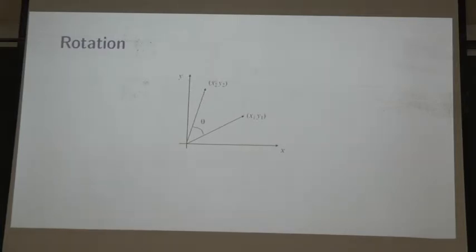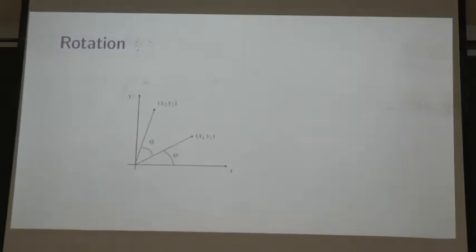All right. So now, given that I have defined this convention, my task is to relate x1, y1 to x2, y2. If I'm able to do that, the matrix that does that relationship will be my rotation matrix. So let me define a new angle here, phi, which is the angle that the original point makes with the x-axis.